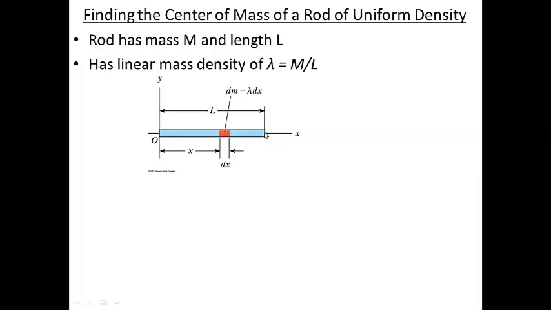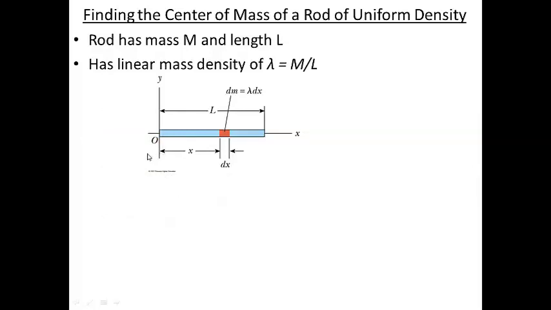We can assume that the thickness and the height in the y direction is pretty much negligible, or that it's even on all sides, so that the y coordinate of the center of mass doesn't matter. We will be looking for the x coordinate for the center of mass.